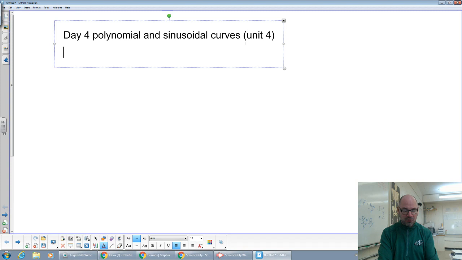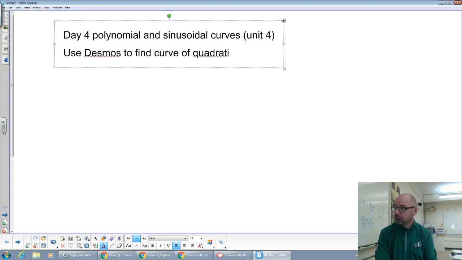Today we're going to use Desmos to find lines or curves of quadratic and linear regression.